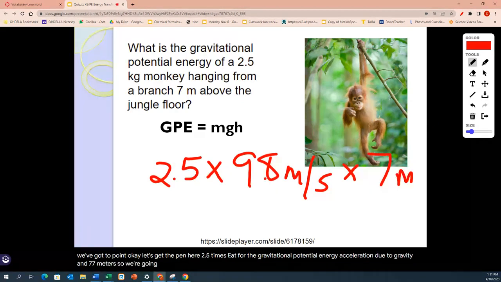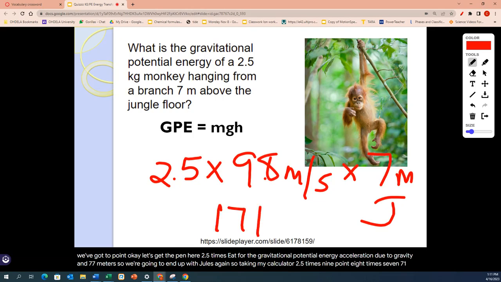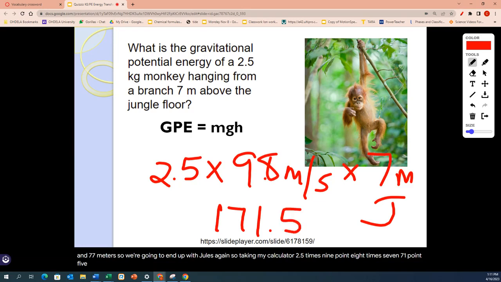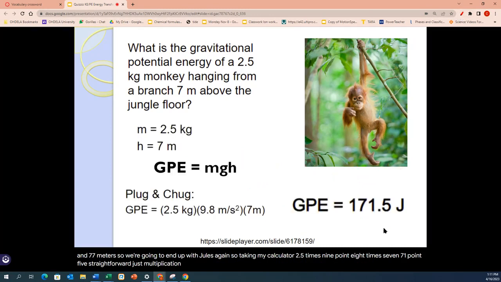So we're going to end up with joules again. So taking my calculator, 2.5 times 9.8 times 7, 171.5. Straightforward, just multiplication. And you can see the plug and chug that they did. 2.5 times 9.8. They use parentheses to show multiplication times 7. Gives you joules.